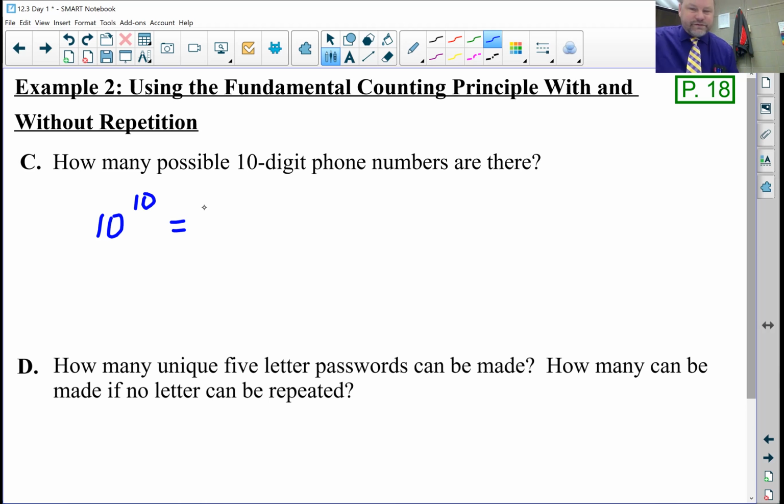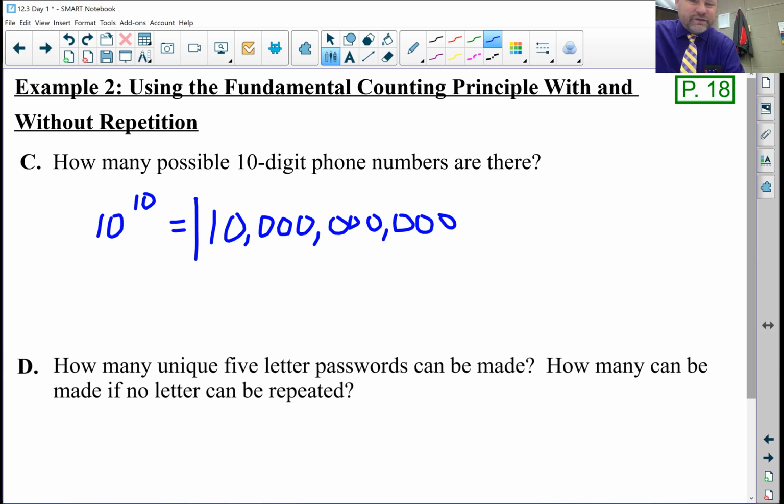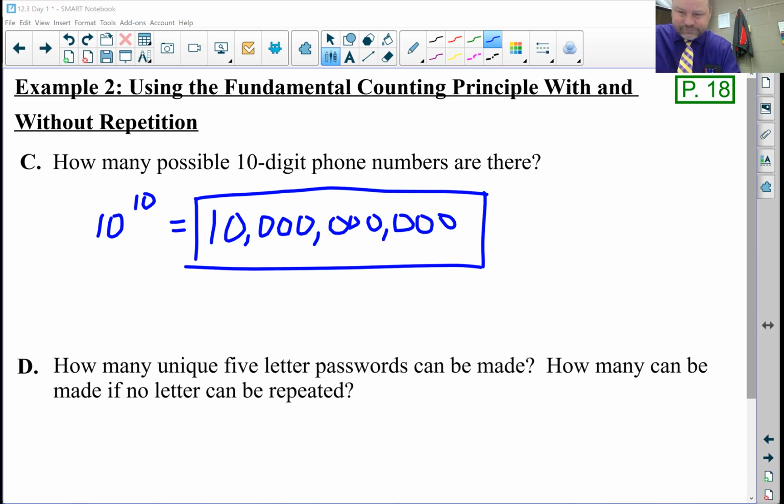And the great thing is, multiplying by 10 is easy. Every time I multiply by 10, I just add a 0. So I'm going to have a 1 with 10 zeros. So there are 10 billion 10-digit phone numbers.